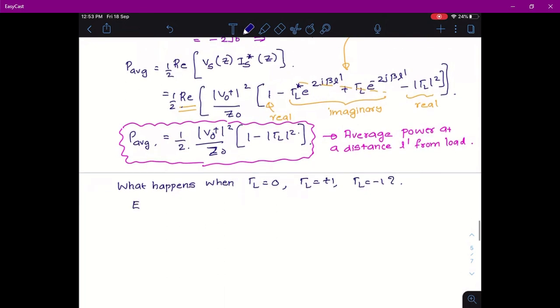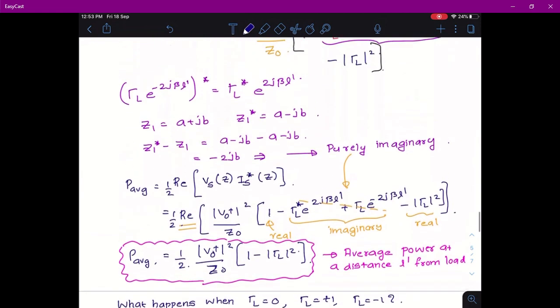So, you can explain what happens. Okay. So, when you put tau L equal to 0 in this equation, what happens to the average power? When you put tau L is equal to plus 1 or tau L is equal to minus 1, what happens to the average power? Okay.